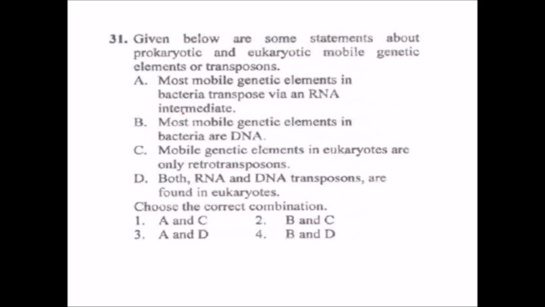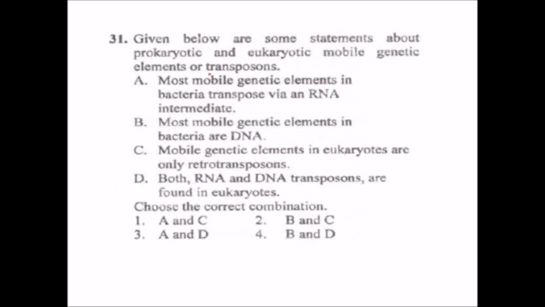Next question is question number 31. Given below are some of the statements about the prokaryotic and eukaryotic mobile genetic elements or transposons.